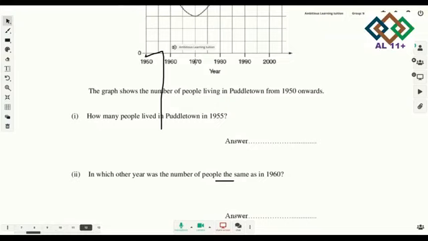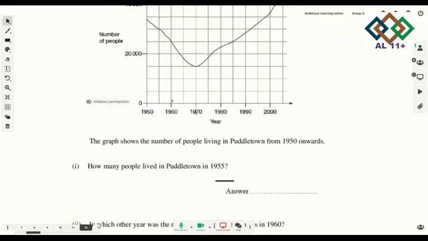in which year it's the same as 1960. So if you look at 1960, they're asking which is the same as 1960. So let's look at the graph again. And you know that 1960, what's same as 1960? If I do it like this, 1960 is going down.